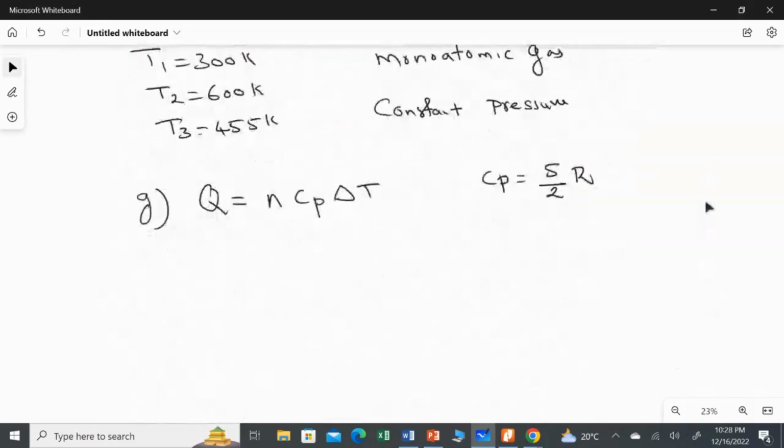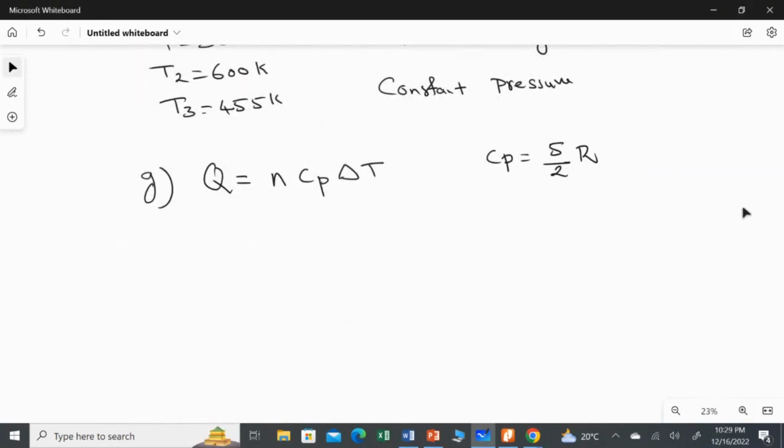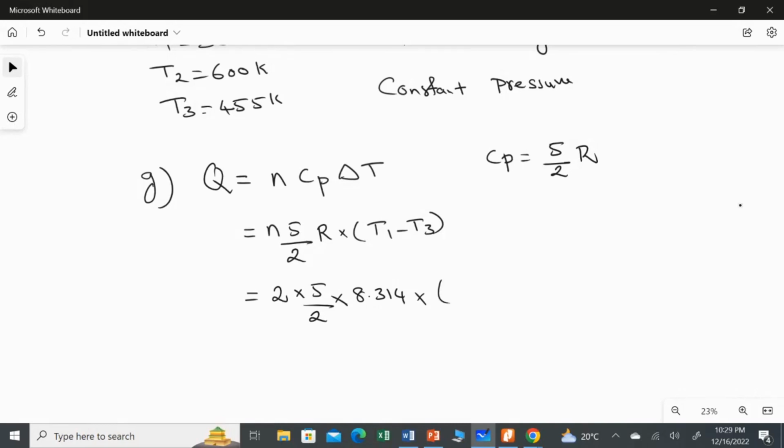So I am going to substitute the Cp value and the temperature here. The expression becomes n multiplied by 5 over 2 times R multiplied by T1 minus T3. Why T1 minus T3? Because this time we are considering the state 3 to 1. Now I am going to substitute the values. The number of moles of gas is 2, multiplied by 5 over 2 times the gas constant 8.314, and the temperature T1 is 300, as we already read in the question.